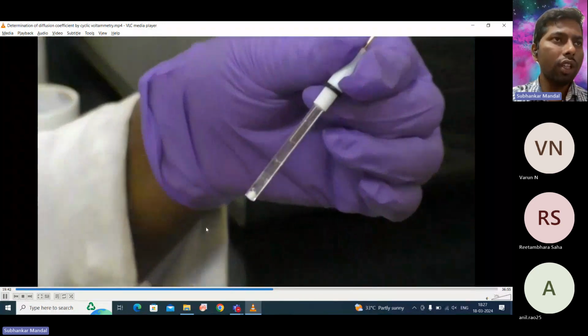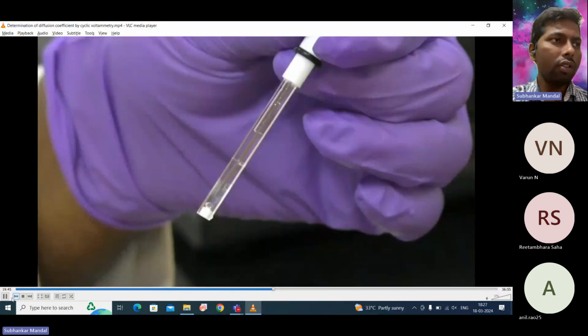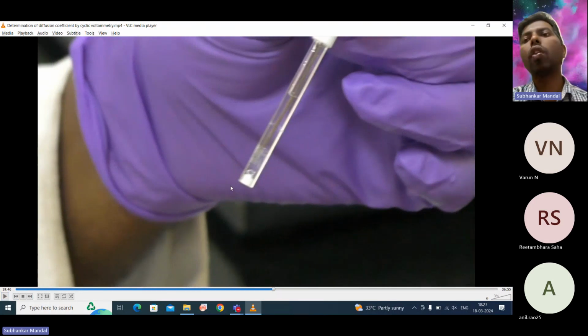Yeah, so you can see this white part. This white part is basically called the frit. This frit is ionically conducting. Earlier you saw two containers separated by a salt bridge. What is the function of the salt bridge? It allows movement of potassium ions or NO3 minus ions, so that there is an ionic connection between the two beakers.